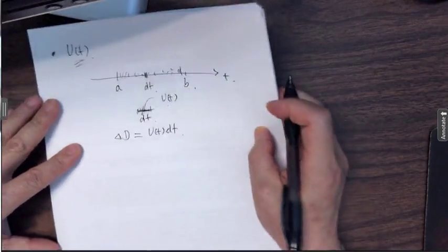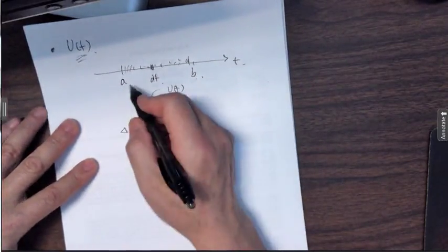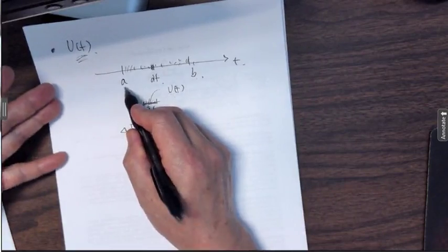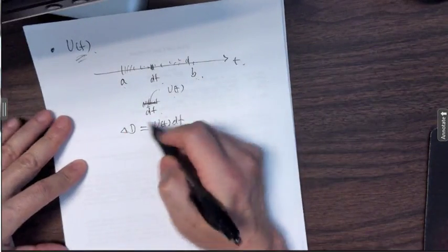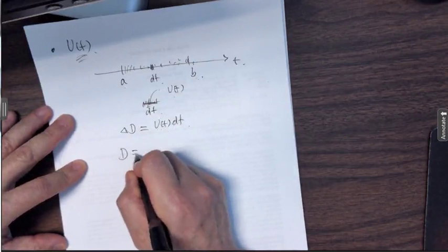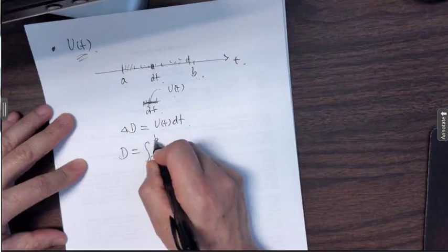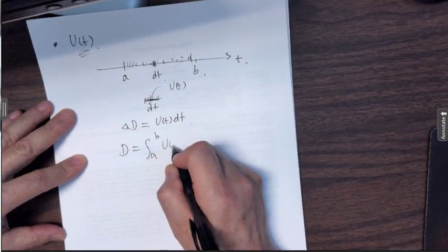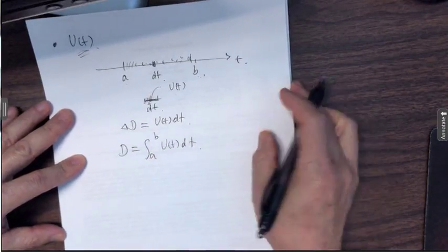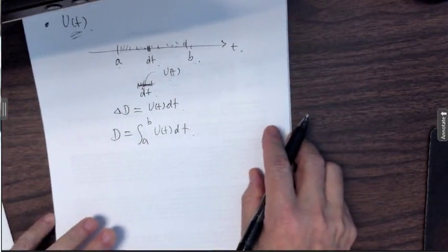Then the rest, we're going to add them up from time A to time B, all of those short distances. So the distance would be altogether the integral from A to B of v of t dt. Here again we end up with a definite integral.